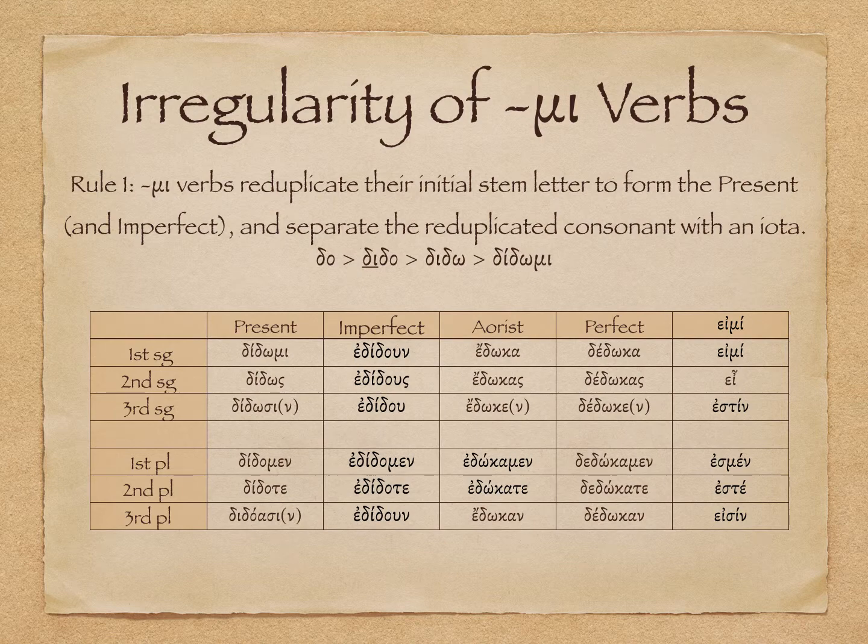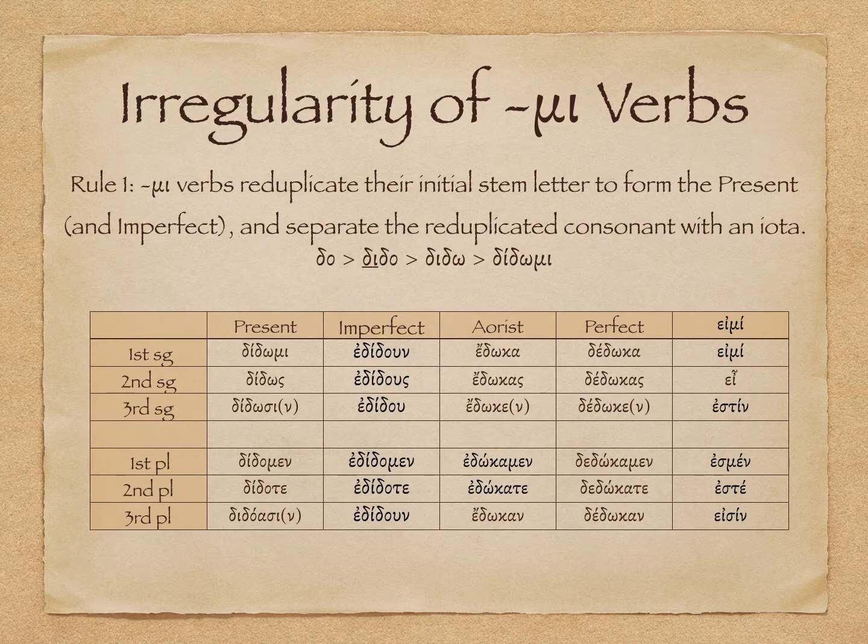If you know the tense formatives, you know the case ending chart and the active and passive endings, the primary and secondary verbal endings, then you are going to be able to handle these, even though we talk about irregularity. So let's get to the way that we handle irregularity.